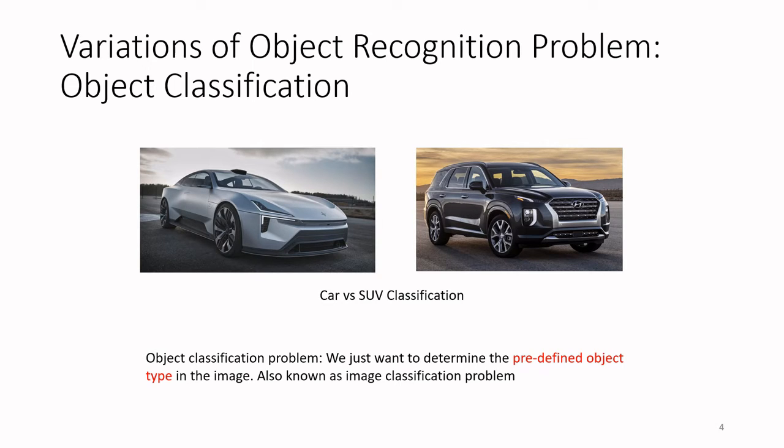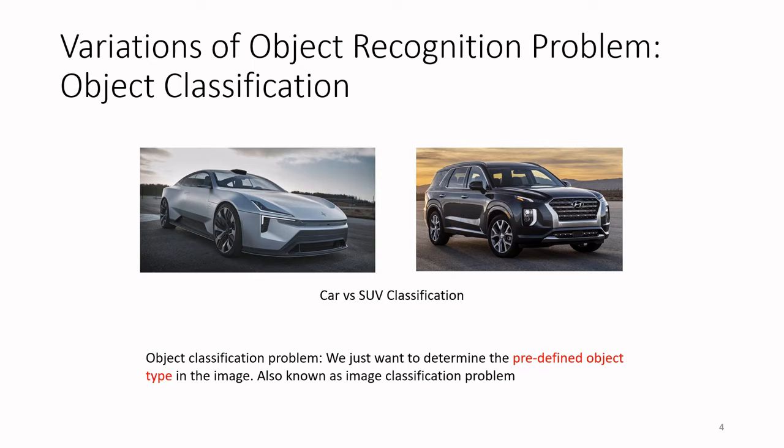There are variations of object recognition problems. One variation, or the simplest form, is what we call the object classification problem. In object classification, we just want to determine the predefined object type or category in the given image. This problem is also known as the image classification problem.